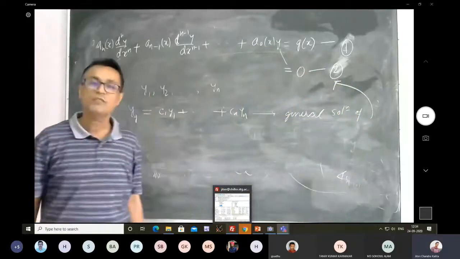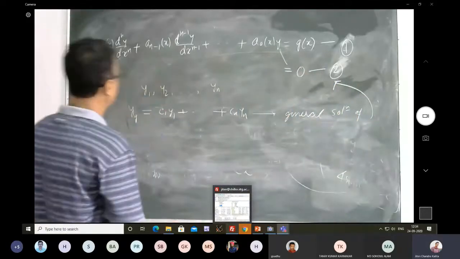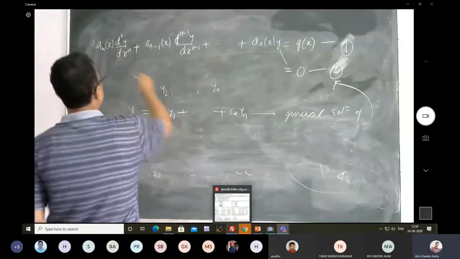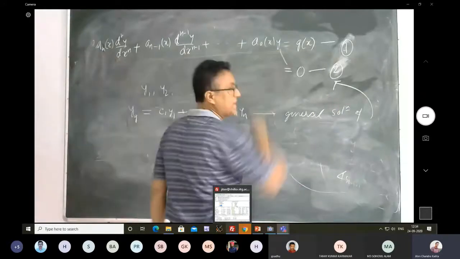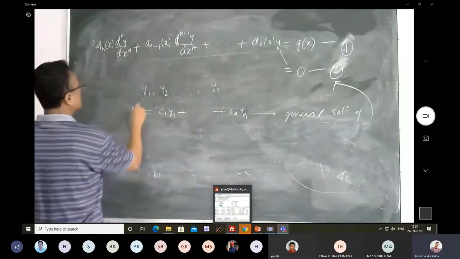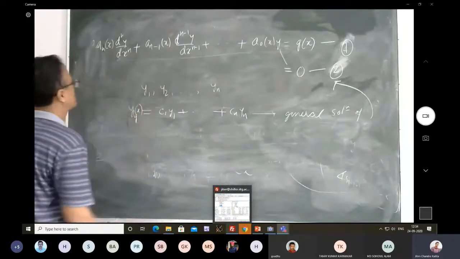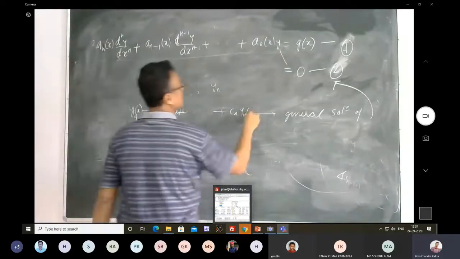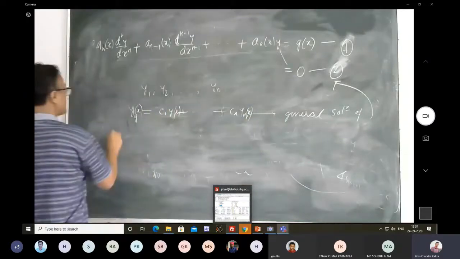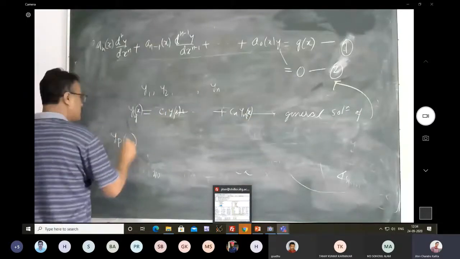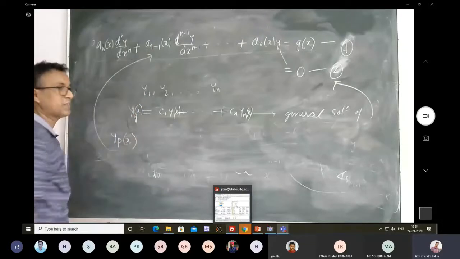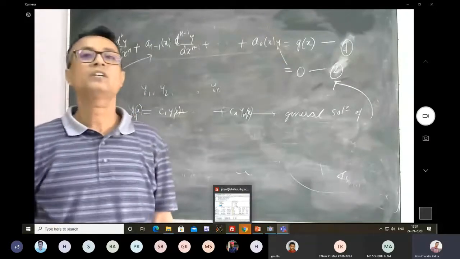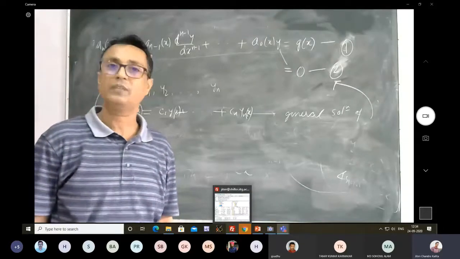Is it okay? Fine. Now suppose y_p(x) is a particular solution of the non-homogeneous equation 1, right?